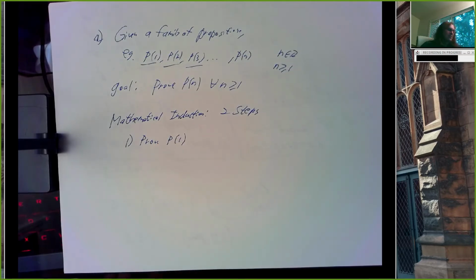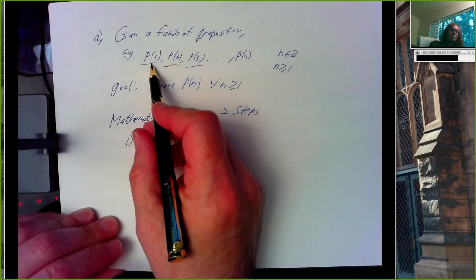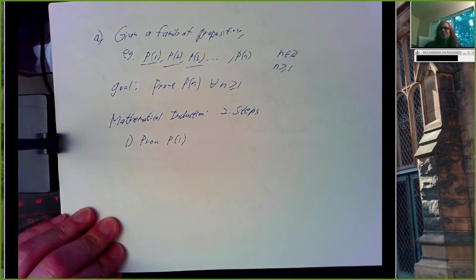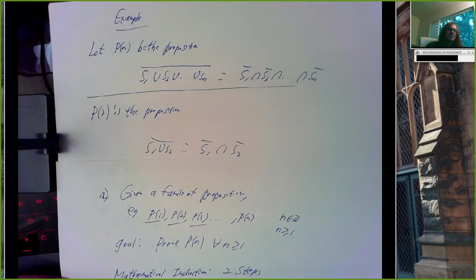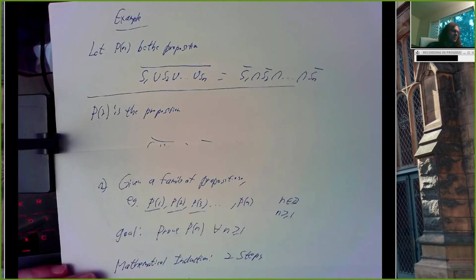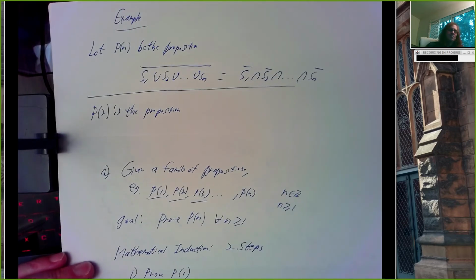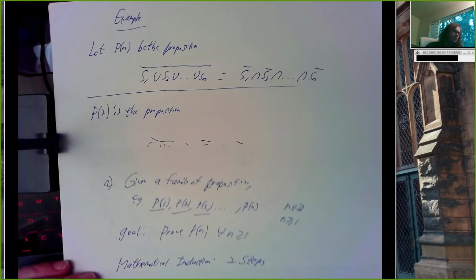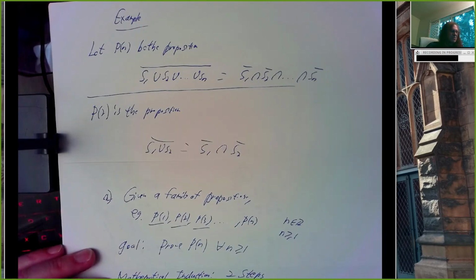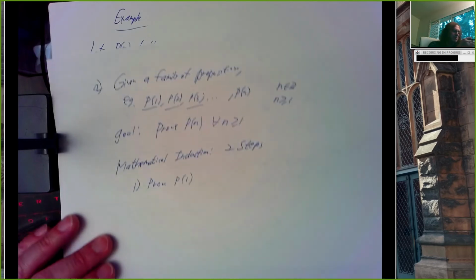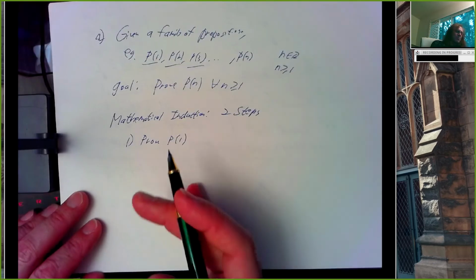Prove that some initial member of this family of propositions is true. Well, what is De Morgan's theorem on one set? It's kind of trivial, right? It just says, you know, S1 bar equals S1 bar. But so maybe this isn't a good example. I'll start with 2. We'll work with it. So step 1, prove P of 1.